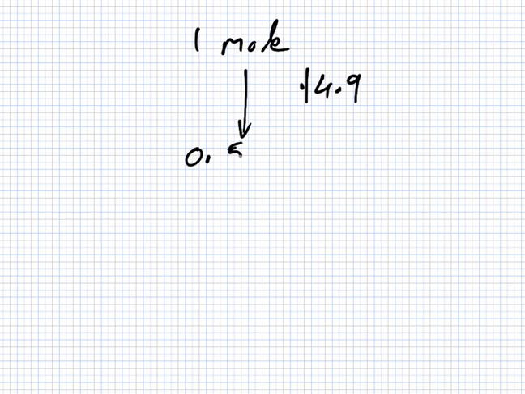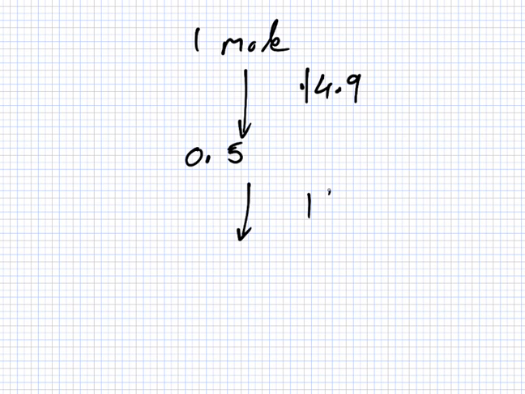At the beginning, how many moles of sodium 24 do I have? No, the minus is cancelled. It's time, it has to be positive. How many moles do I have at the beginning? 1. After the half-life, 14.9 hours, how much do I have? 0.5.